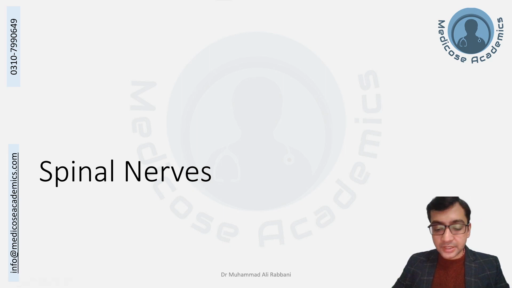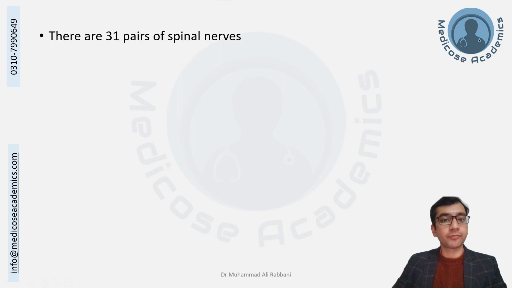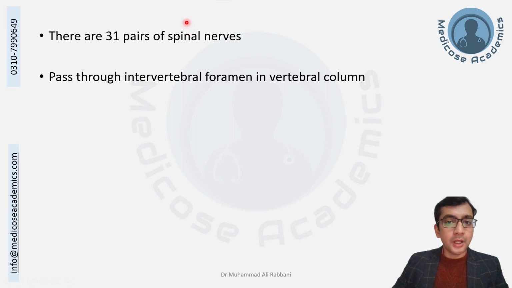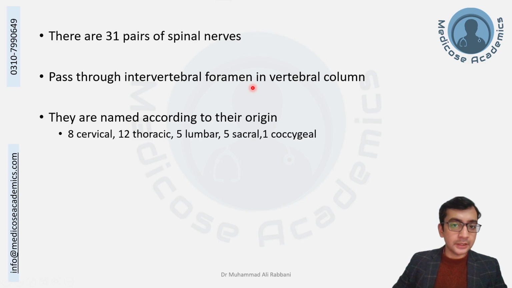Now let's talk about the spinal nerves. There are 31 pairs of spinal nerves that are exiting the spinal cord, and they pass through the foramen created between the two vertebrae, that is the intervertebral foramen in the vertebral column. And you must remember these figures.